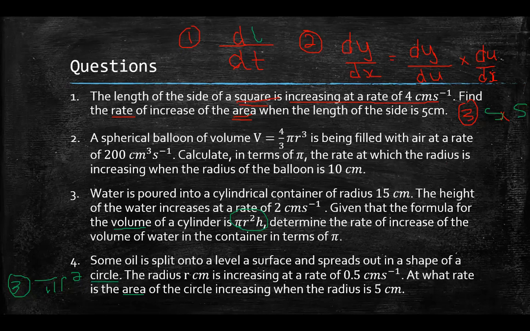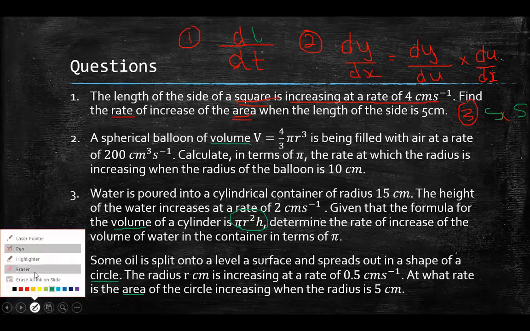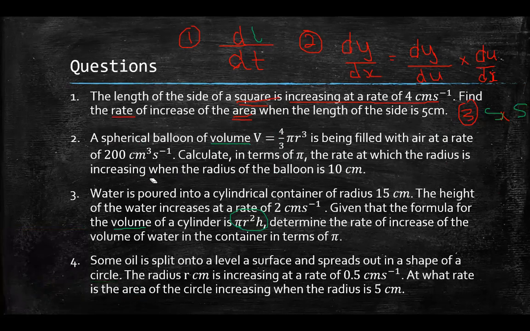So you need to know, okay, the area of a square is side by side. For this one, it was for a sphere or spherical balloon. And they said volume. What is the volume of a sphere? The formula is 4 pi r cubed, right? So let me just do the questions now so that you can see how exactly we apply that.